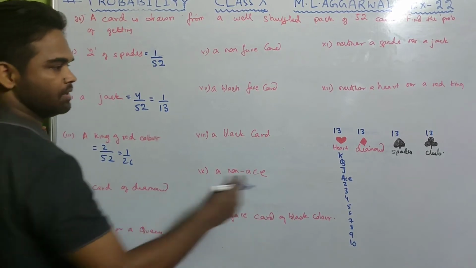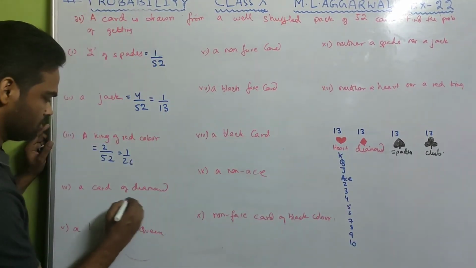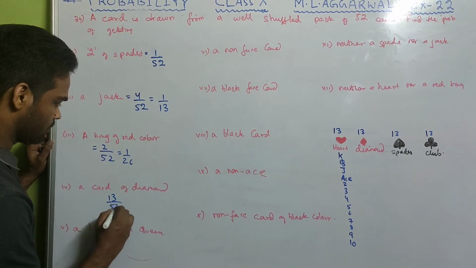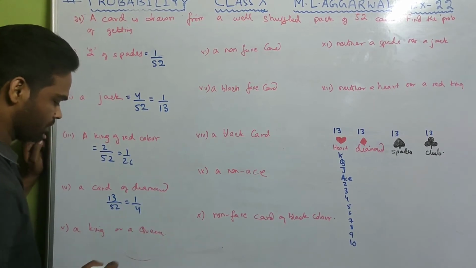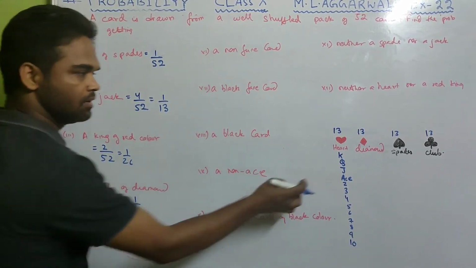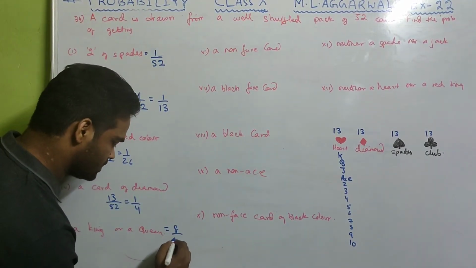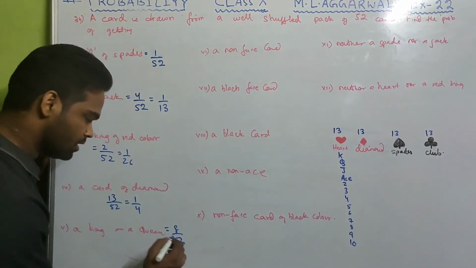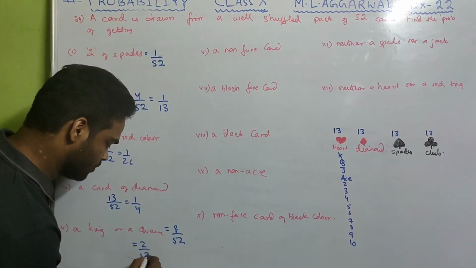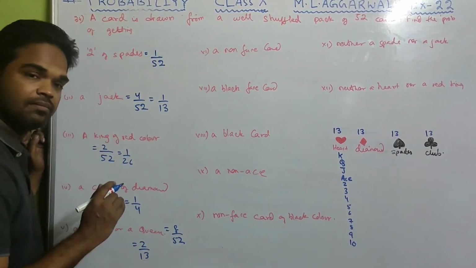A card of diamond, there are 13 cards of diamond out of 52, that's 1 by 4. A king or a queen, there are 4 kings and 4 queens, that's 8 by 52, that's 2 by 13.